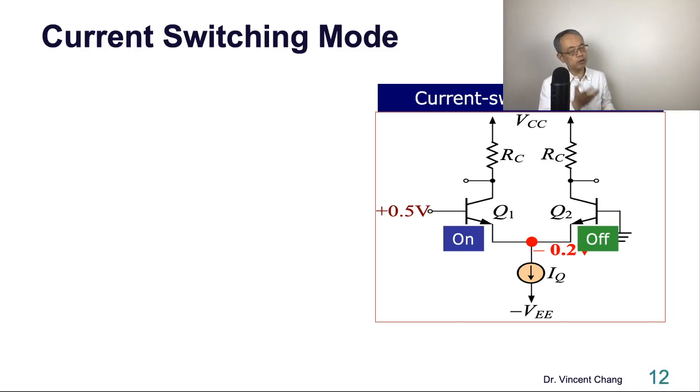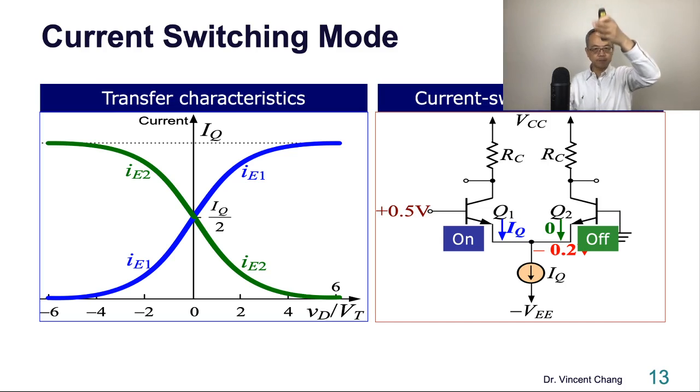Then Q1 is on, and the current goes through the left-hand side, while the right-hand side is cut off, with no current. In other words, the constant current is switched to the left-hand side. The right-hand side has no operation.